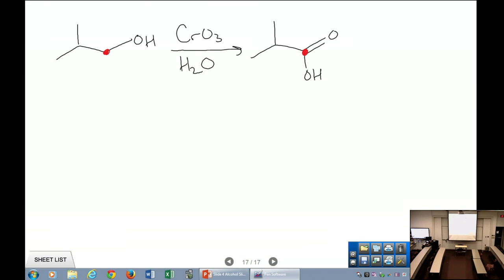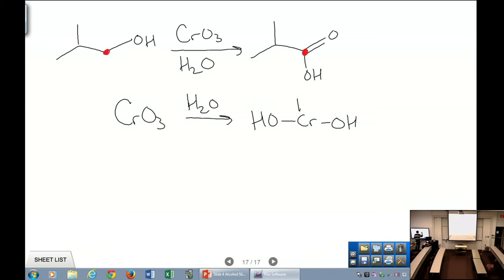Backing up the whiteboard. So again, chromium oxide does not do the oxidation. Chromium oxide reacts with water to give you chromic acid again. So both sodium dichromate and sulfuric acid and chromium oxide and water, they essentially give you the exact same oxidant in the reaction that give you chromic acid.